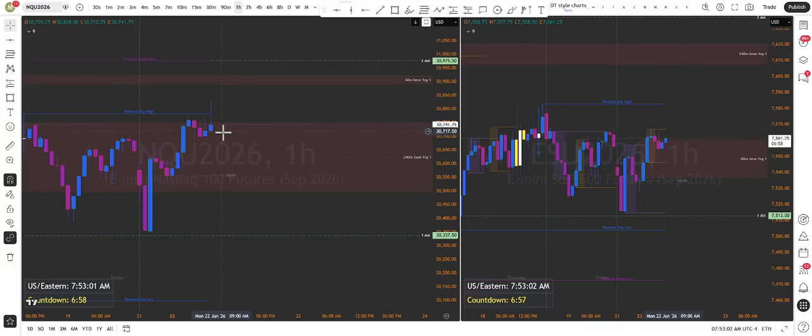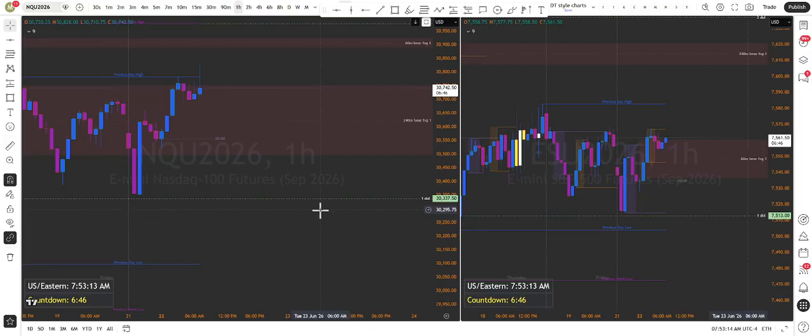So if we start going down inside here, we will try to go for these. We would look to go for these first draws on liquidity or even previous day low. But the first draw I would be looking to get into would be this one.